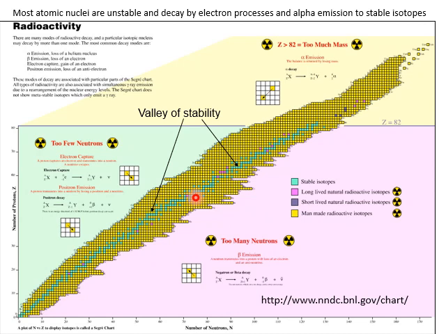Nuclei that appear to be more stable have more neutrons than they have protons.